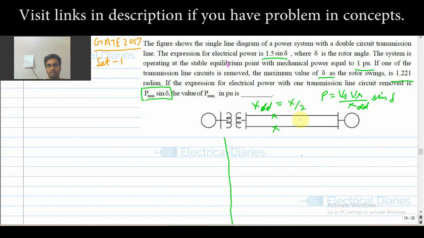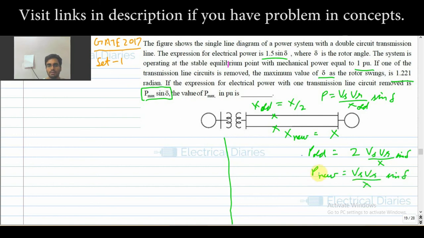Initially it was x by 2, and your x new will be equal to what? When one of the lines is removed, your x new will be equal to only x. So your P old was 2 into Vs Vr by x sin delta, and your P new will be Vs Vr by x sin delta.